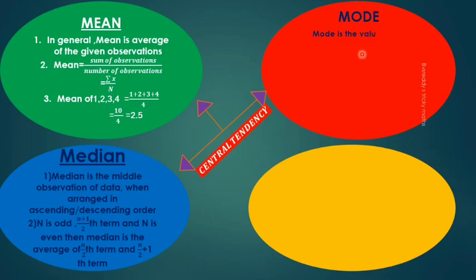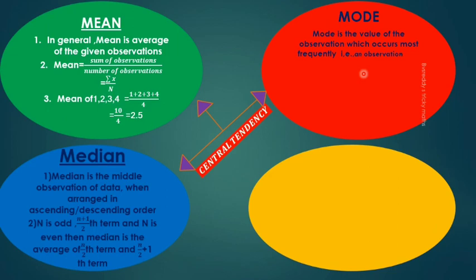Third one is mode. Mode is the value of the observation which occurs most frequently. That means the observation with the maximum frequency is called the mode. So in ungrouped data, the value which comes more times is called the mode of the data.